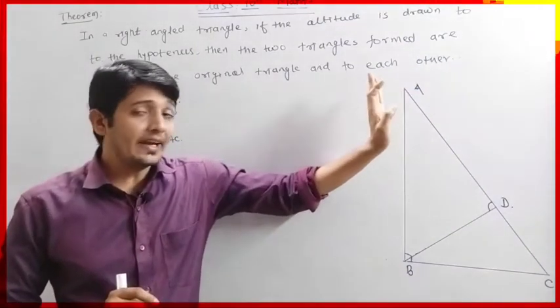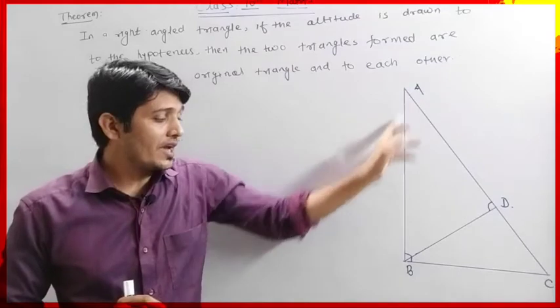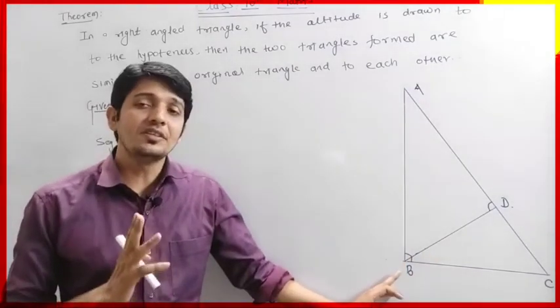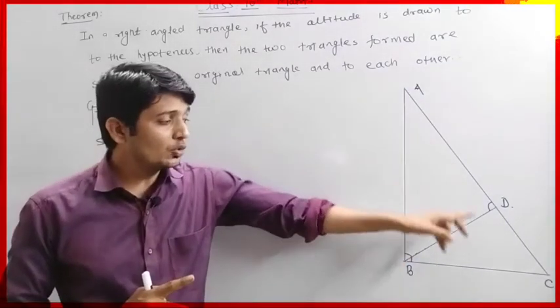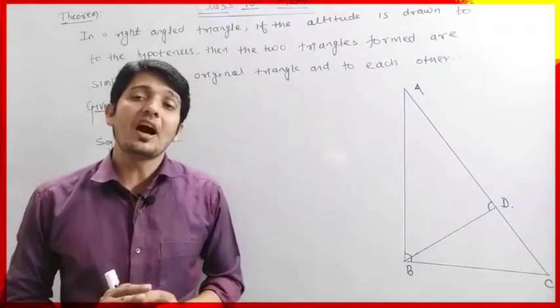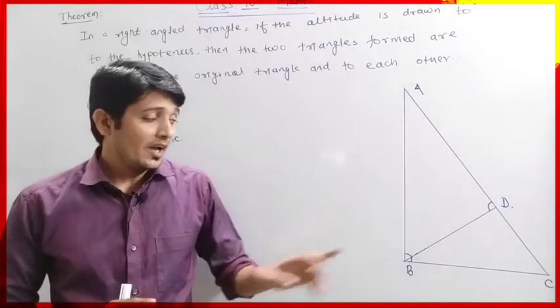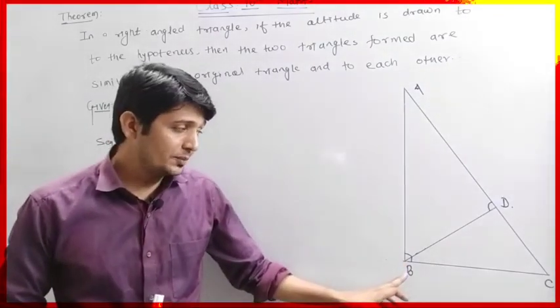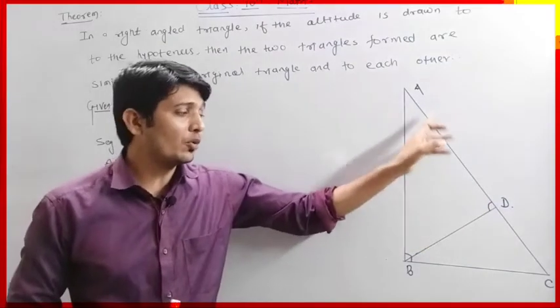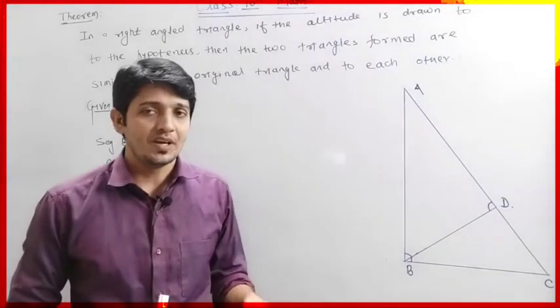See, in the right angle triangle we have ABC. B is the 90 degree angle and the other two angles, that is A and C, are acute angles. And we have drawn this segment BD on the hypotenuse, that is segment AC.